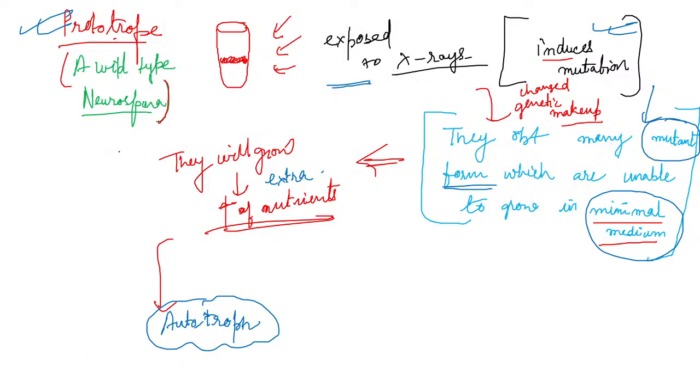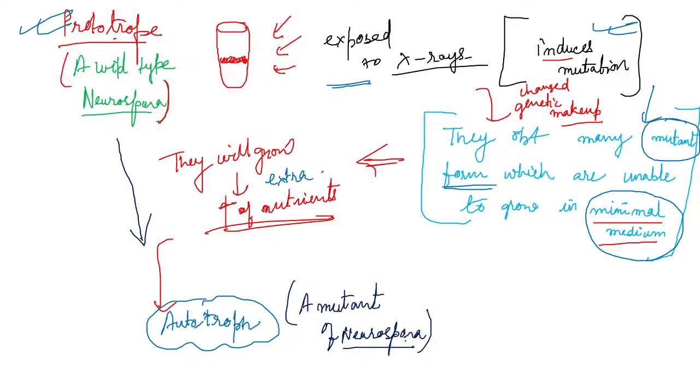First it was a prototroph and then it changed to an auxotroph. An auxotroph is a mutant of Neurospora. Clear?